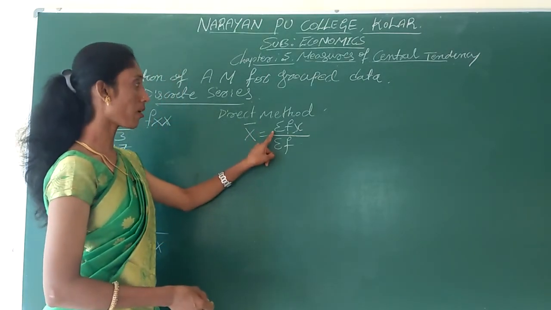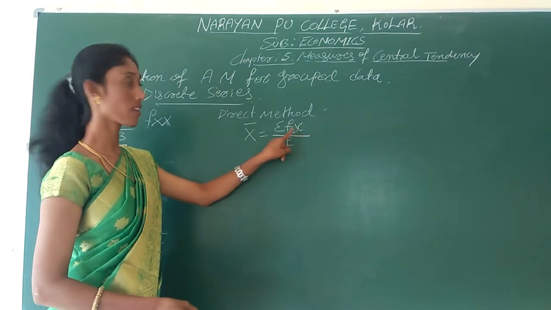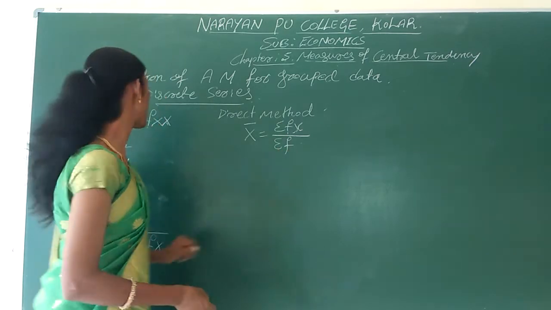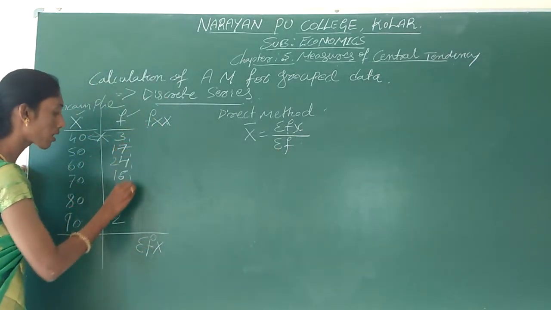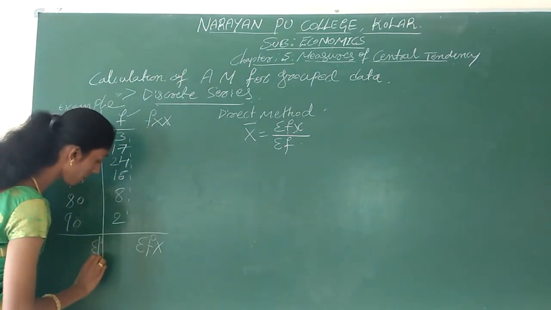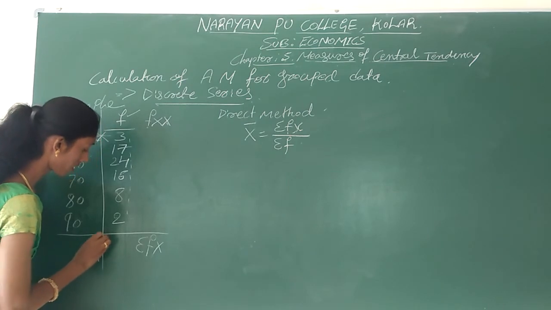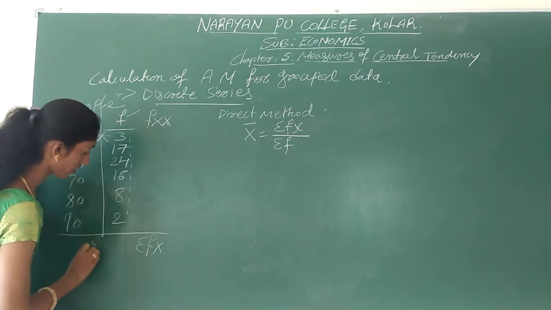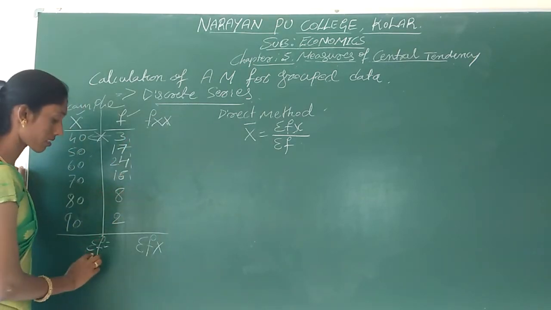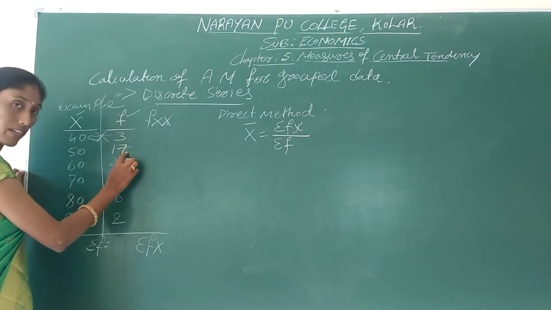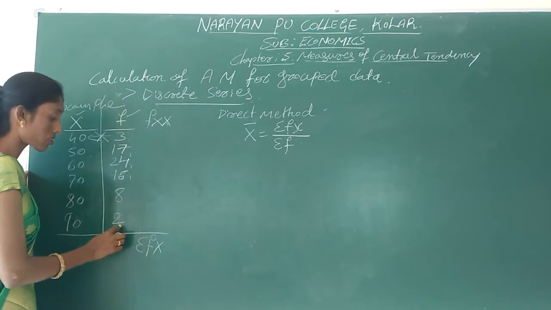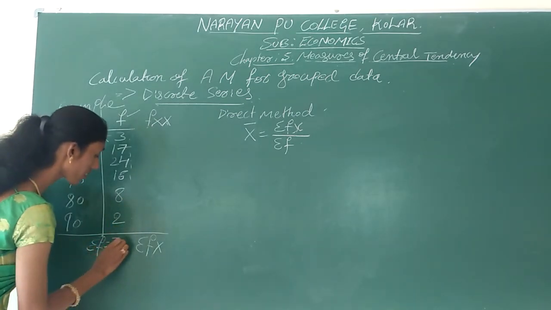Now, for this formula, we need to find sigma fx and sigma f. Sigma f is the sum of all the frequencies: 3 plus 17 plus 24 plus 16 plus 8 plus 2, we will get 70.